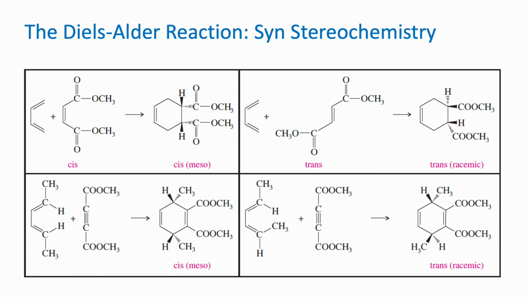If one is straight up and one is straight down on a reactant, then in the product, they're both going to be dashes. And they are going to be dashes because this is, again, taking into account the endo rule. So because our dienophile is a triple bond, we don't see the endo rule in this one because that triple bond turns to a double bond, and so we don't have wedges or dashes on those esters.